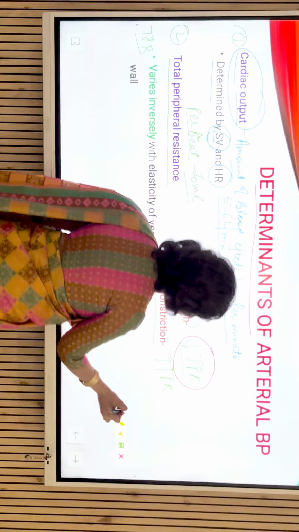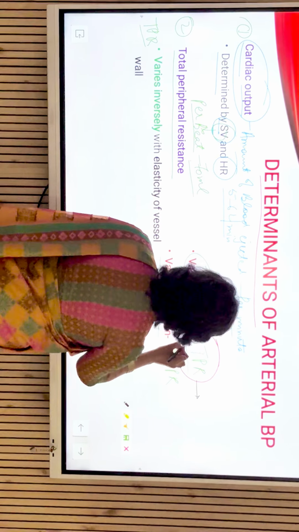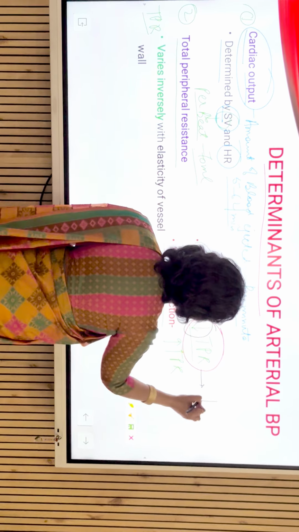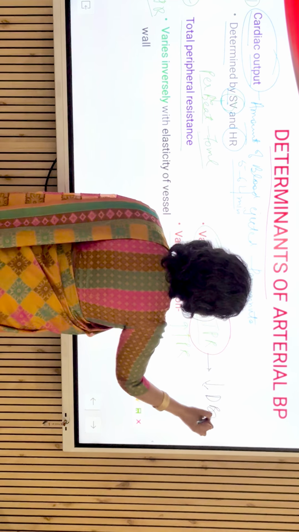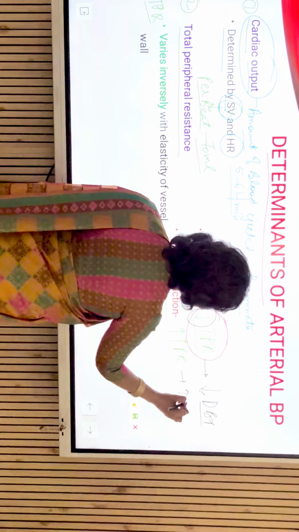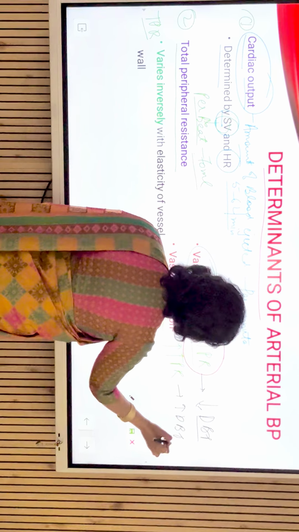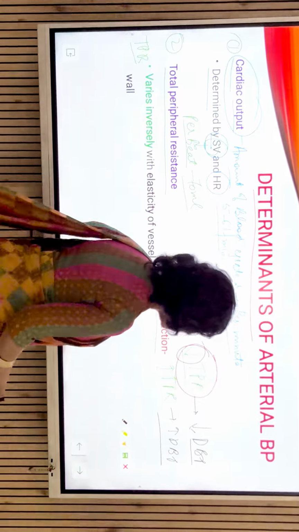So what is meant by increase and decrease? Whenever there is a decrease in resistance, that means a fall in the diastolic blood pressure, and a rise means an increase in the diastolic blood pressure. Okay.